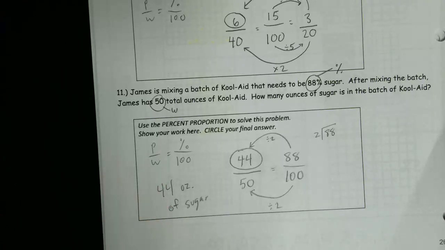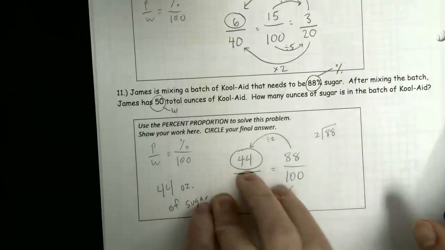That seems like an extreme amount. It'd be like a pile of sugar and you're just dumping a little bit of water on it. I'm not sure if that Kool-Aid would be palatable or able to drink, so that percentage is a bit much.